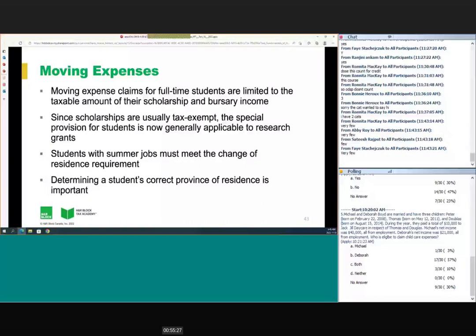So the other issue with students from different provinces is which is their province of residence when they file their tax return. As a general rule, a single student who is renting accommodation while going to school will normally be considered a resident of that province. So for instance, my son's girlfriend, Mel, came from PEI, and she came here, and she is at Guelph, and she was in a student residence.